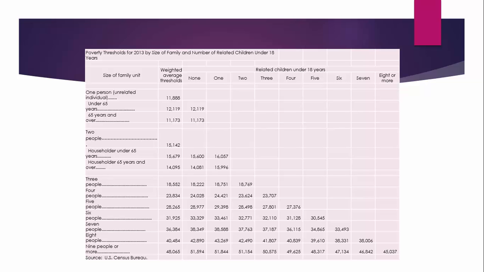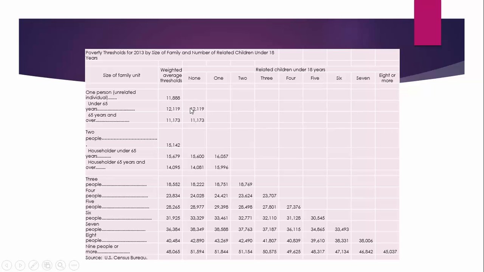And these are the poverty thresholds for 2013 by size of family and number of related children under 18. So you can see here, if you are just by yourself and you have no children and you're under the age of 65, then this is your poverty threshold. If you make less than this, you are officially in poverty.